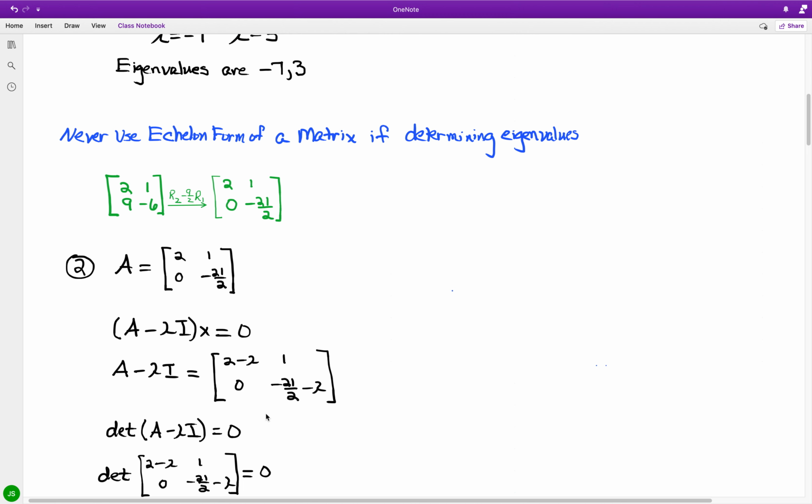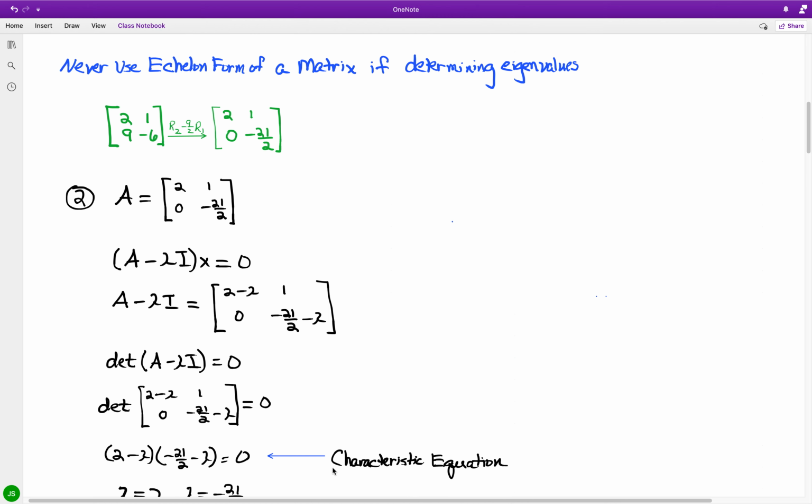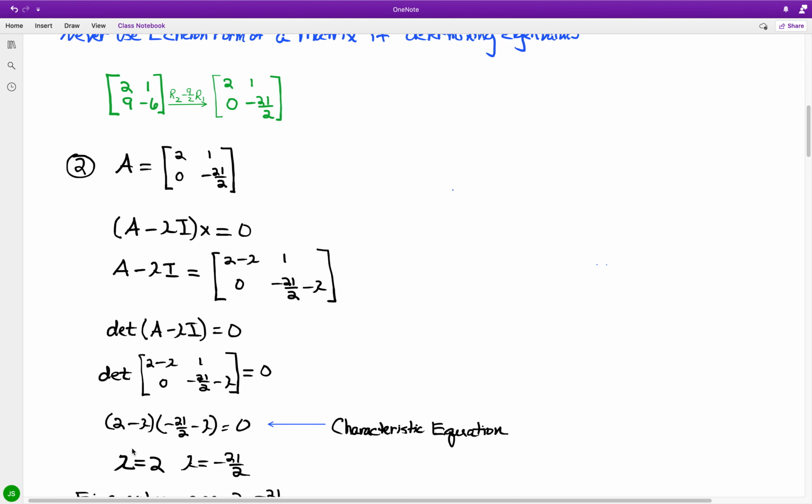And if I were to take the determinant of this difference, I would have the quantity 2 minus lambda times the quantity negative 21 halves minus lambda is equal to 0, and we can say that this factored form represents the characteristic equation.